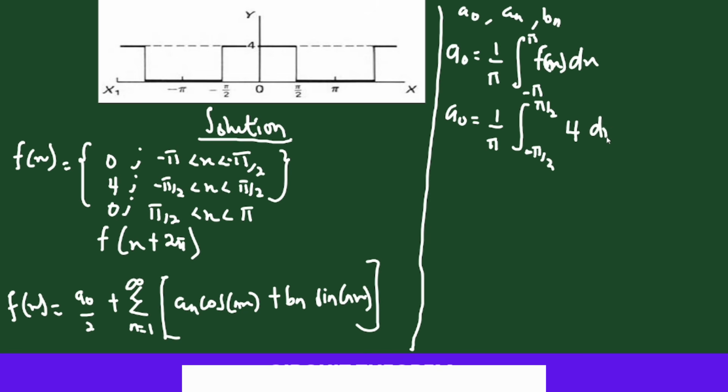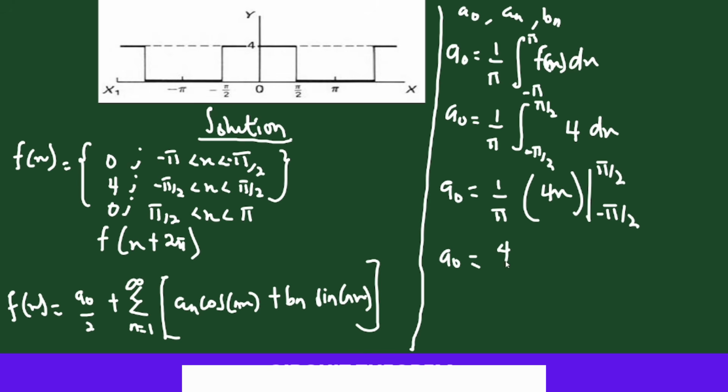And f of x from negative pi on 2 to pi on 2 is 4. So a naught is equal to 1 on pi times the integral of 4 dx, which gives us 4x over the interval negative pi on 2 to pi on 2. I can take my 4 out and get 4 on pi into bracket: when x is equal to pi on 2, you have pi on 2, minus, when x is equal to negative pi on 2.